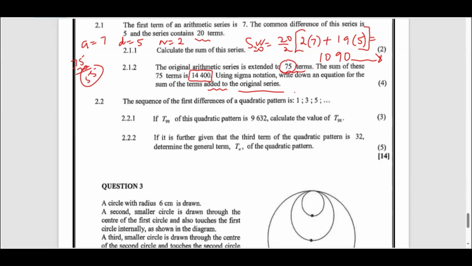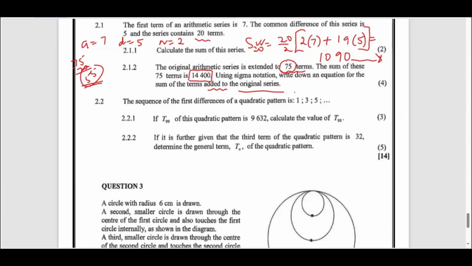Now the question is, how many terms are we going to be looking at? Someone told me 55 terms that we shall be considering. Is it going to make sense? So which means we're looking at 55 terms.